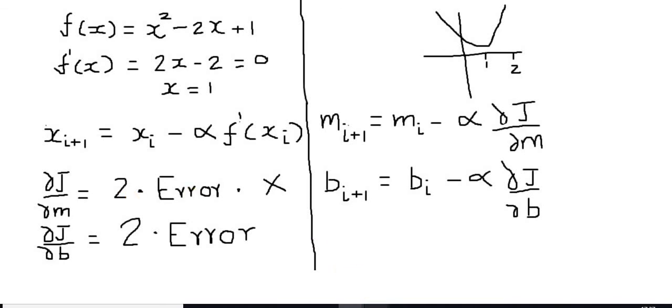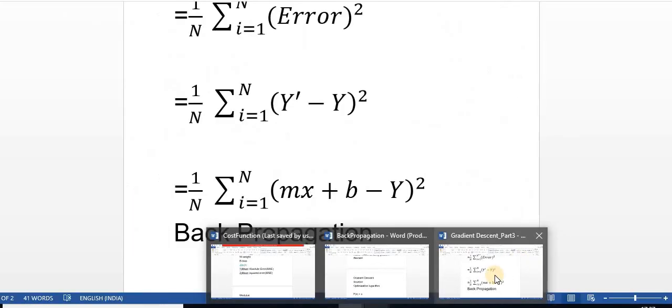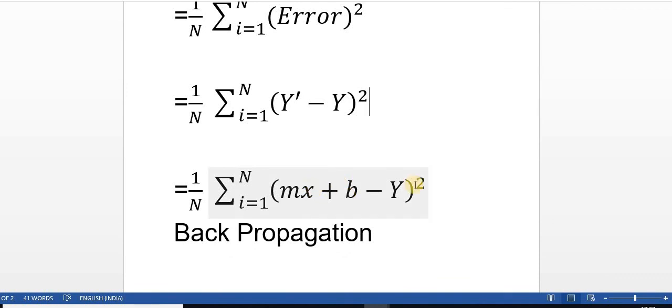See how you are getting this equation when you differentiate it. This is error, mx plus b minus y, which is predicted minus actual. This term I am taking as error. Its derivative is 2 into error, and we are differentiating with respect to m.